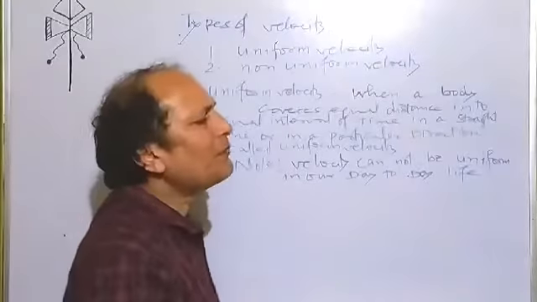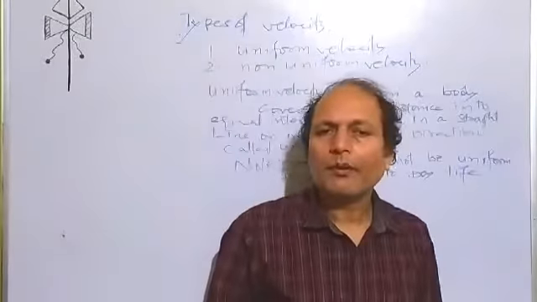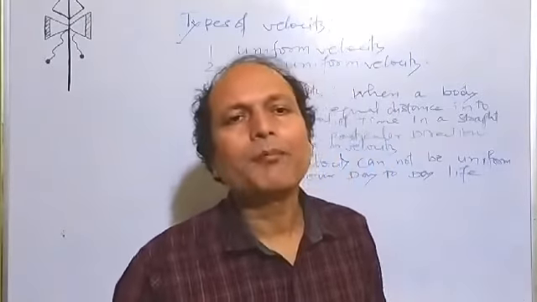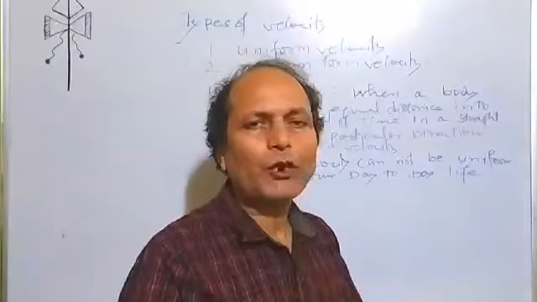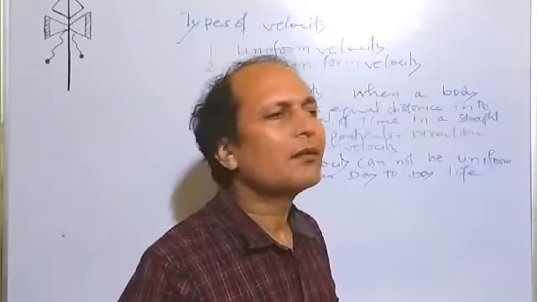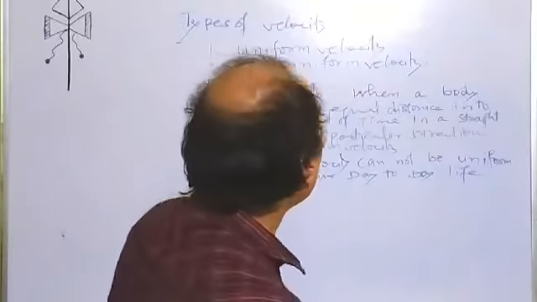But there may be some examples, just like the velocity of a plane or the velocity of a train for a particular distance, for a short distance, for a limited distance. That's all. Next one.